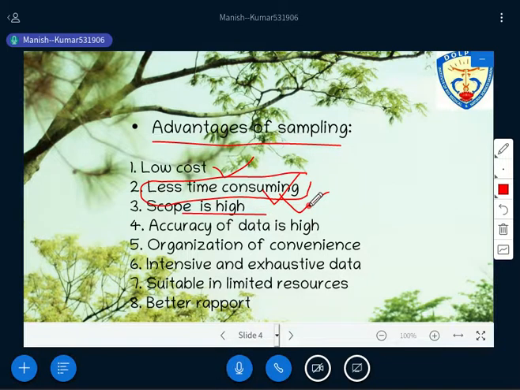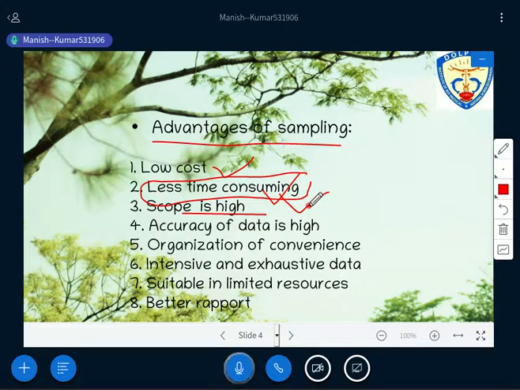So if you are doing this practice of sampling, then you can generalize the data here also. But if you take the other example, if you are supposed to cover the whole population, it's very difficult to arrive at a generalization.